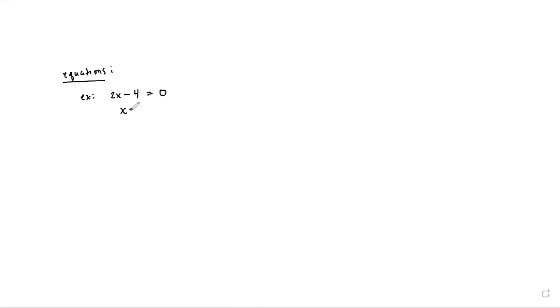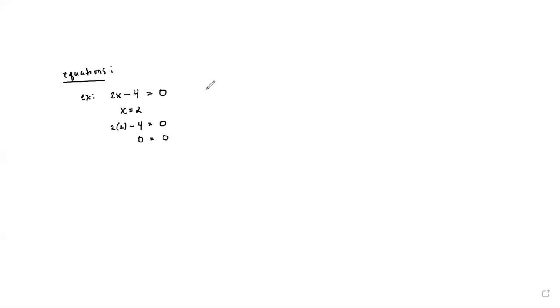So in this case, if x is equal to 2, then 2 times 2 minus 4 is equal to 0. The left-hand side here is 2 times 2, which is 4. 4 minus 4 is 0. So the left-hand side is 0, and the right-hand side is also 0. And this shows us that the equation is satisfied when we use x equal to 2. So the solution here is x equals 2.